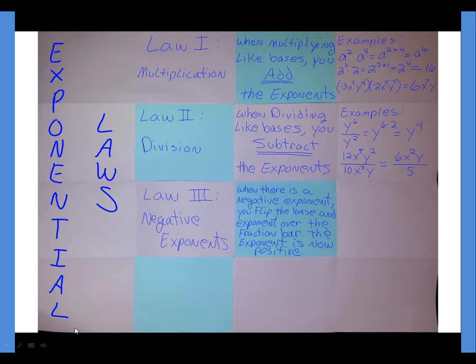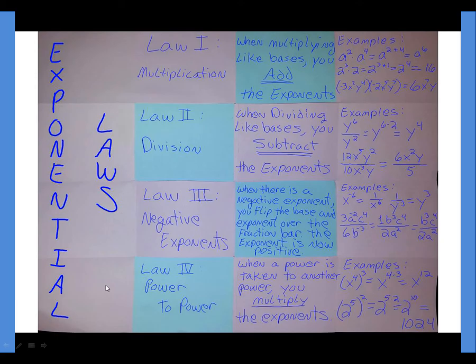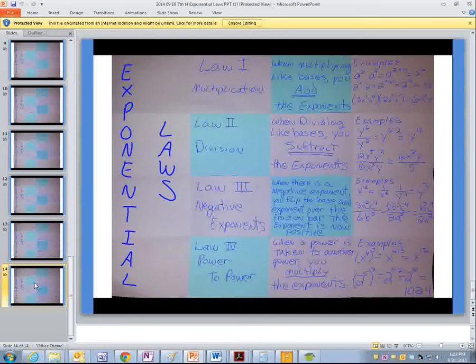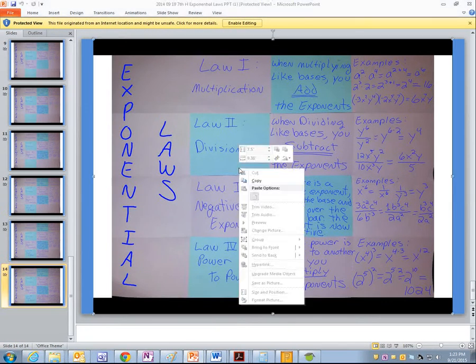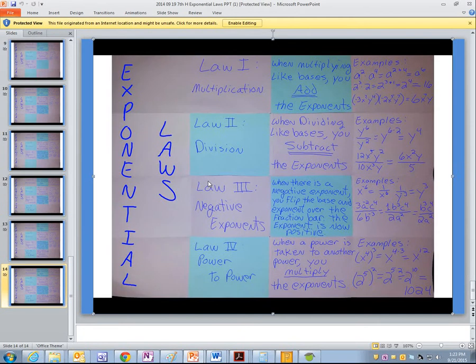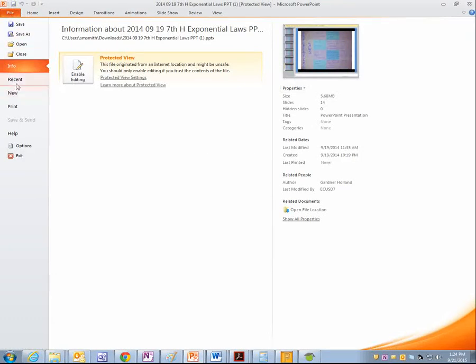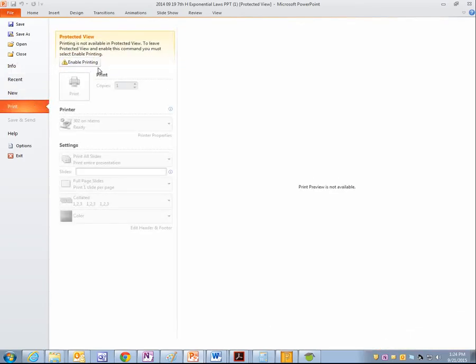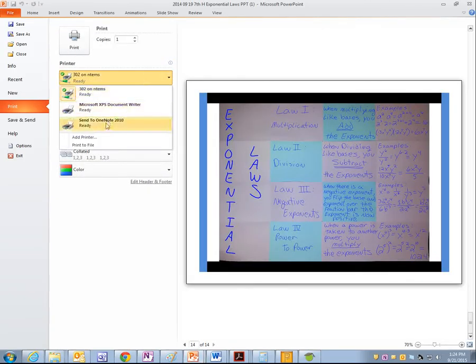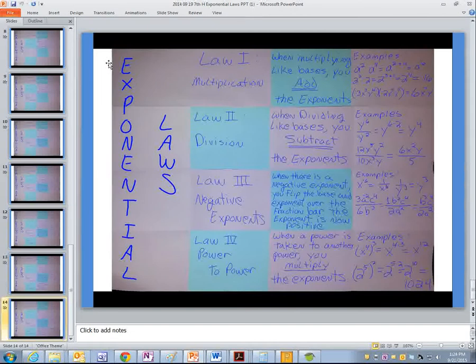Its cousin? Yeah. They don't want... If I can do this. What's a like base? Like bases are the same variable or the same number. Yes, it is.